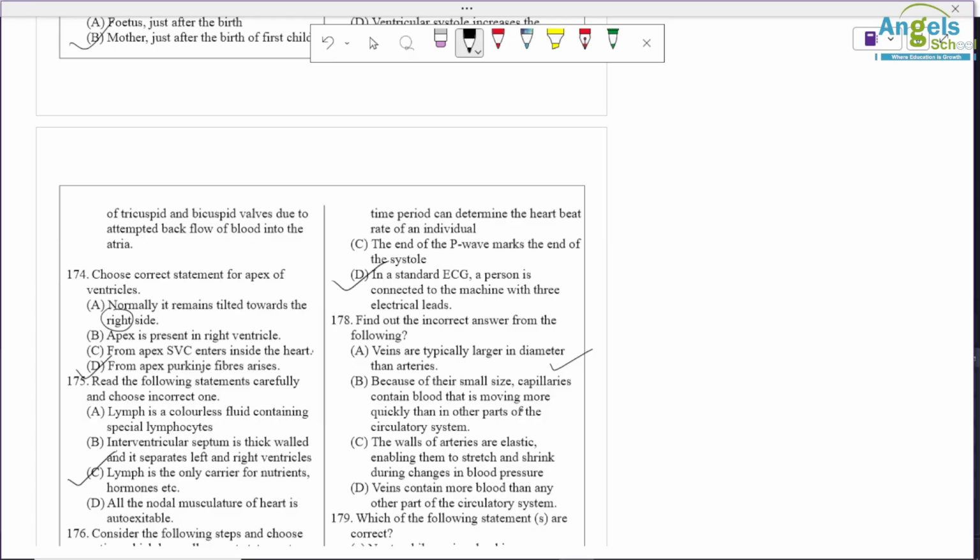Blood that moves more quickly than other parts. The walls of arteries are elastic and stretchable and shrink during the change of the blood pressure. So here C is also correct. Veins contain more blood than any other part of the circulatory system. So it is also correct. Here B statement is wrong.